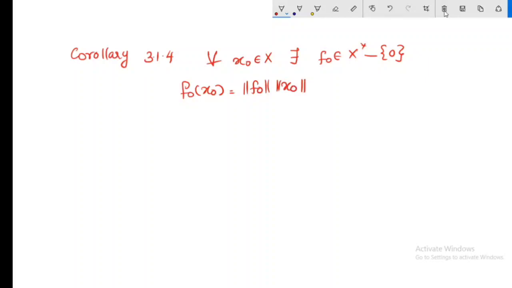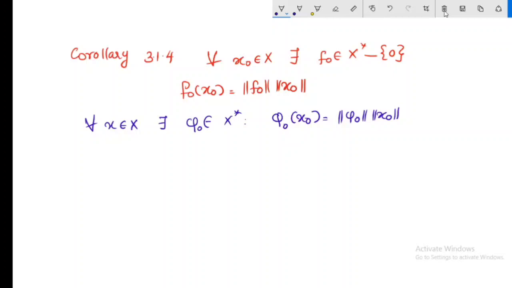We have this result. Using the same result, we can prove for every x0 belongs to X, there exists some ψ0 belongs to X* such that ψ0(x0) is equal to norm of ψ0 times norm of x0. We can write like this.